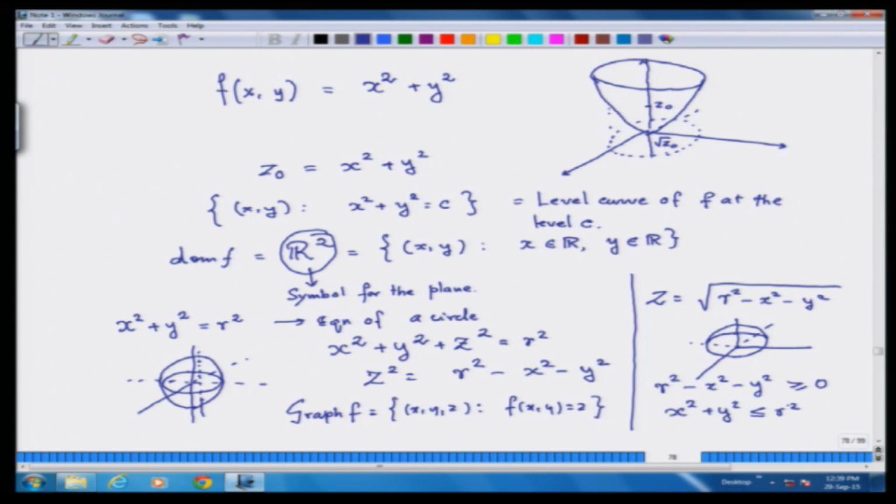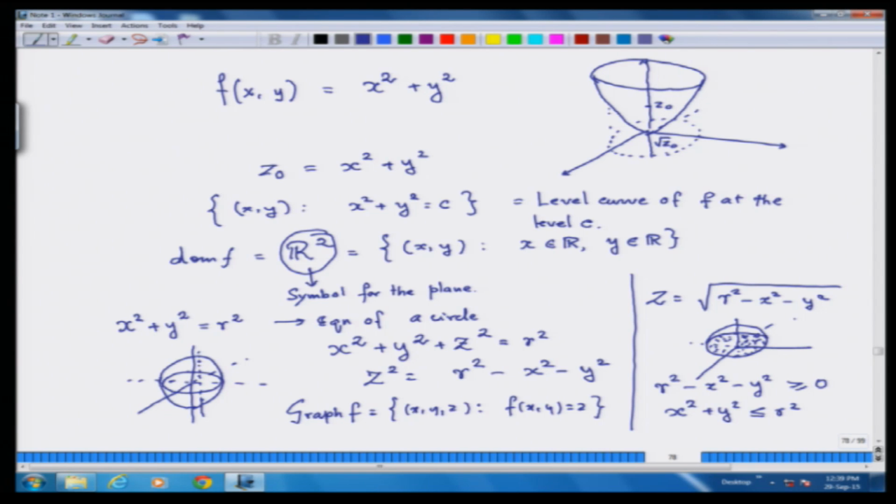So, for z to be a real numerical value, x and y must be on and inside a circle of radius r. So, if this is my circle of radius r, I can only consider x and y from this region.